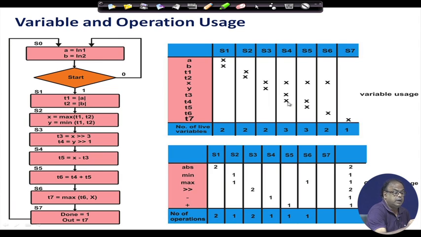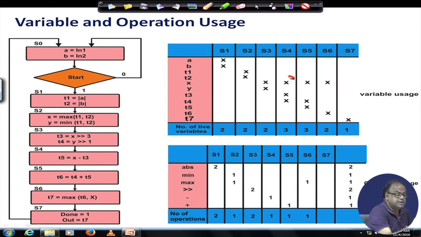T4 was made live at S3, it was written after S3, and it is live in S4, because T3 is being used here. So S4 has 3 variables which are live. You can see that these 3 variables are live in state S4.